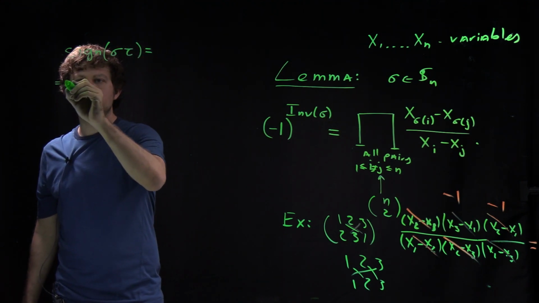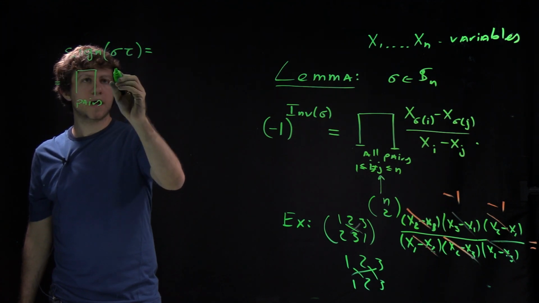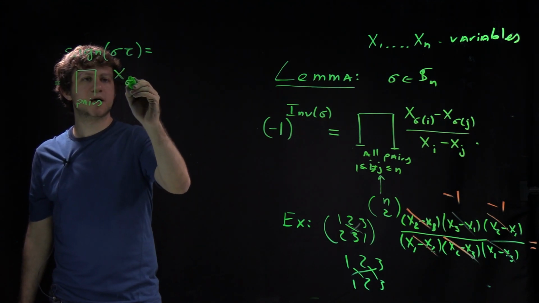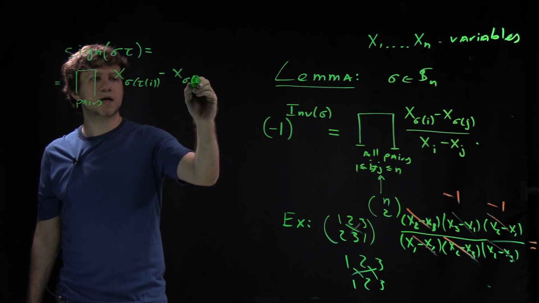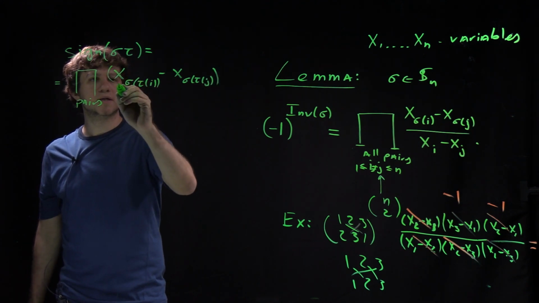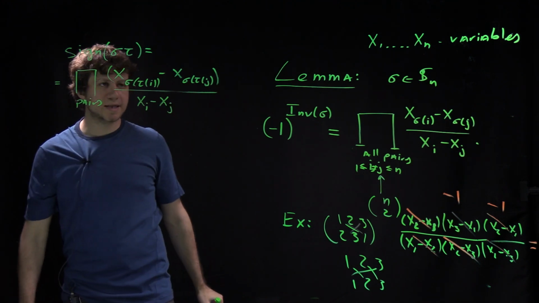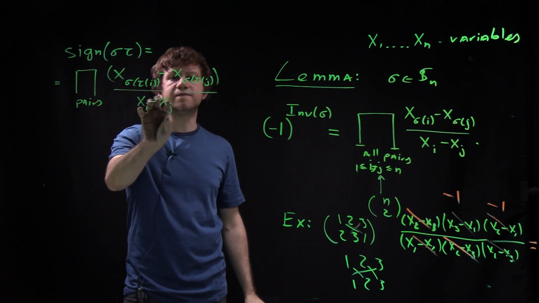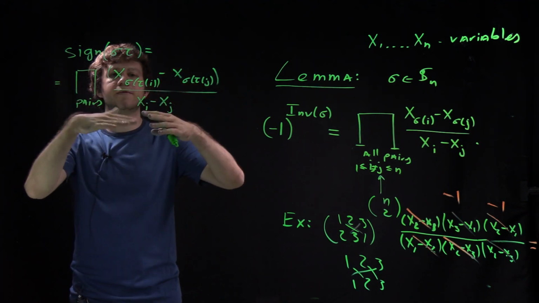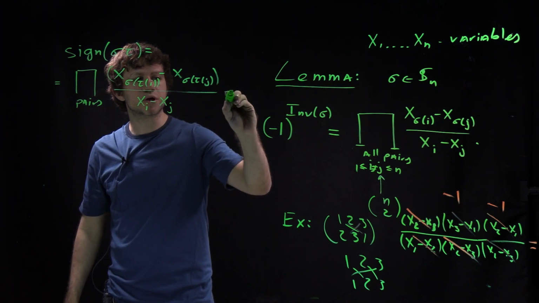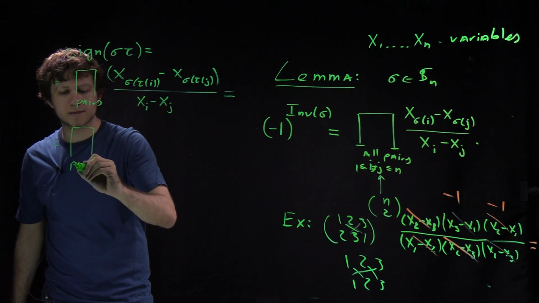Then this is just the product over all pairs of x sigma of tau of i minus x sigma of tau of j divided by xi minus xj. The idea is that I can divide and multiply by x tau of i minus x tau of j, and since it's a product and everything commutes, I can write it as a product of two products.